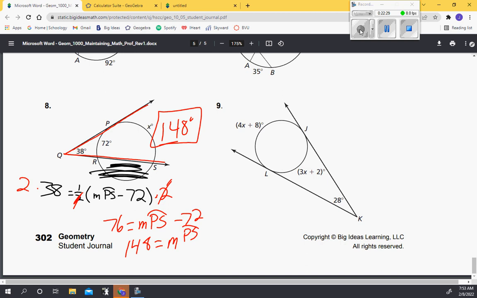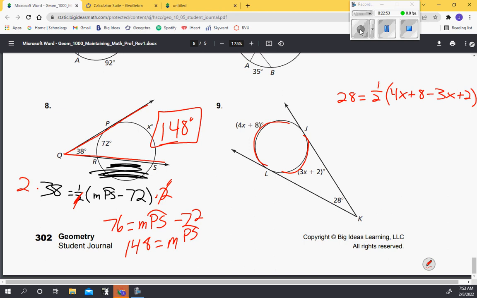Same thing here. Okay, we know that 28 degrees is equal to 1/2 times the measure of 4x plus 8 minus 3x plus 2.